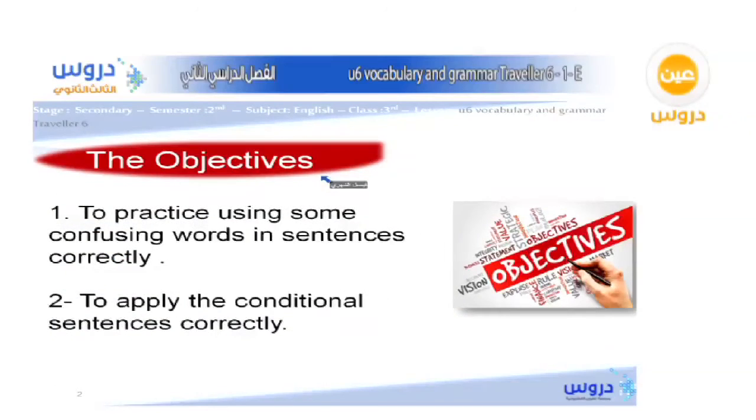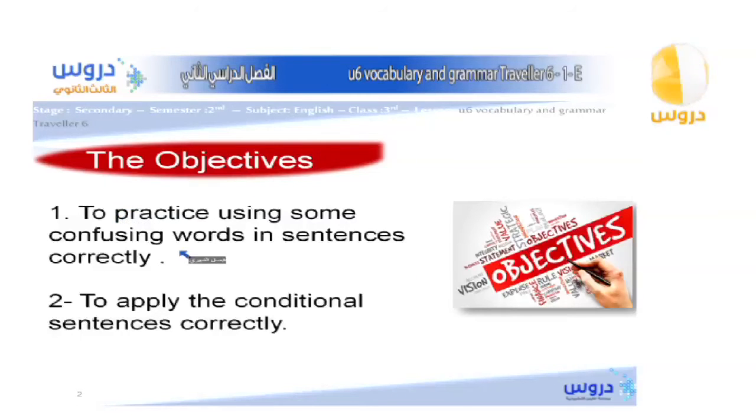Let's move to the objectives of our lesson for today, and as you know, the objectives are the heart of the lesson. If you understand the objectives very well, you are going to understand the lesson as well. So we have two objectives.